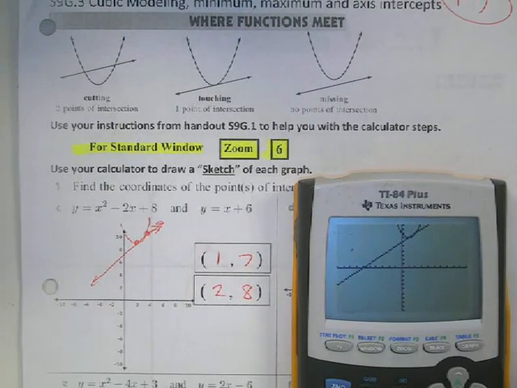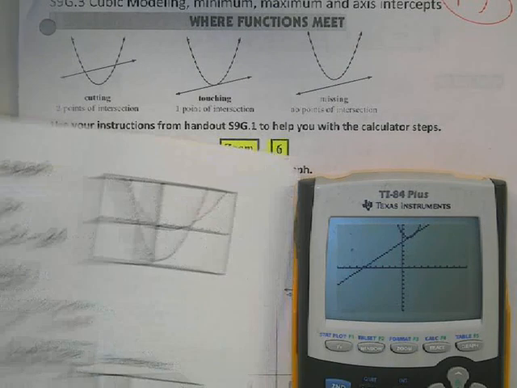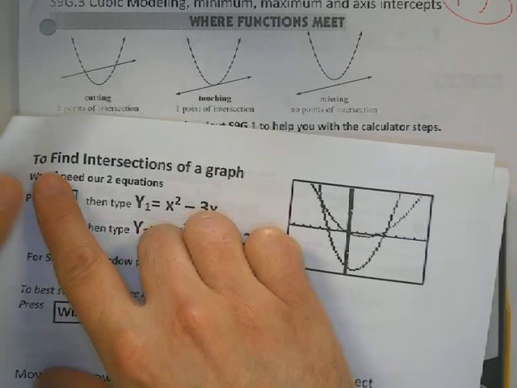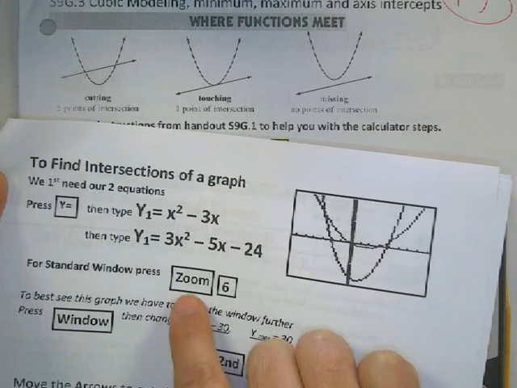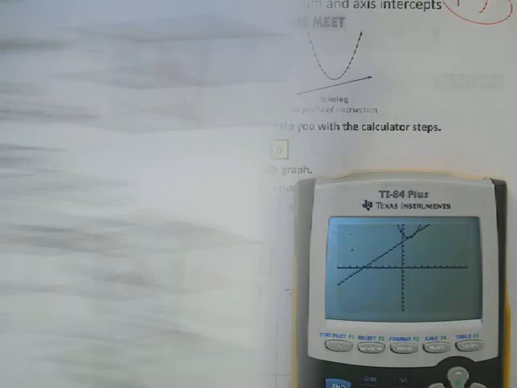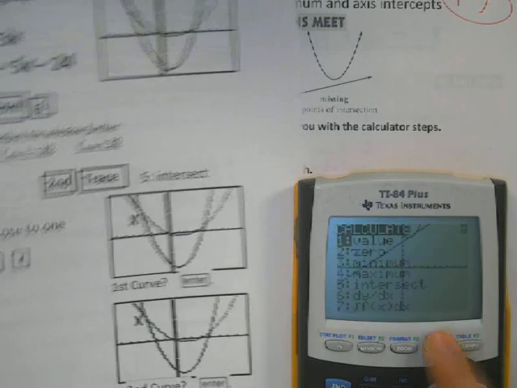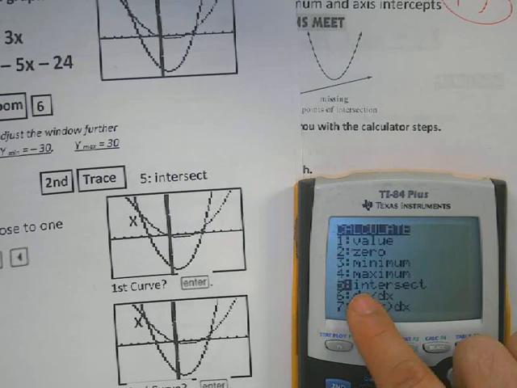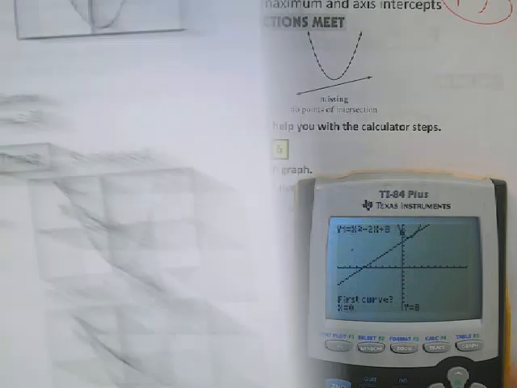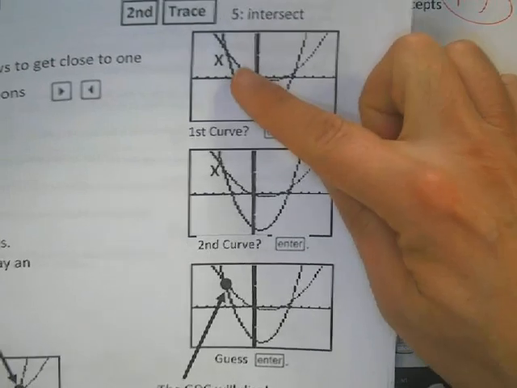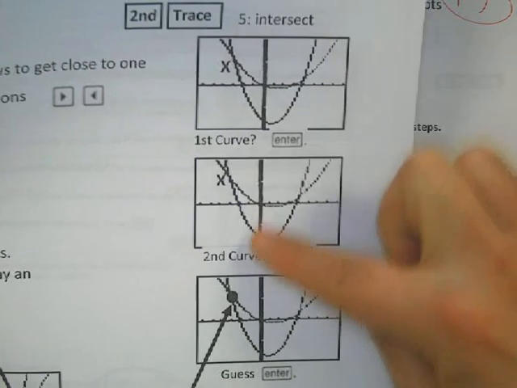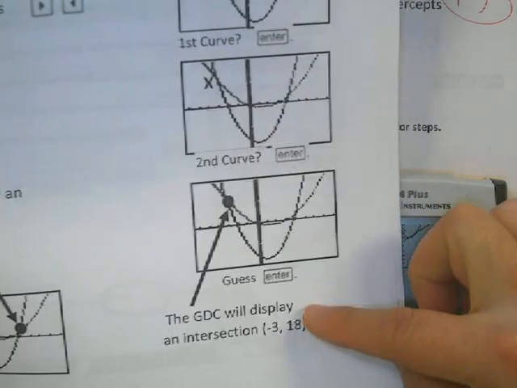So what are the instructions for finding the intersection of two lines? You're going to follow these instructions here from the S9G.1 handout. Push second trace, go down to number 5, intersect, and then I'm going to move the arrow close to the one that I want and hit enter 3 times, and then it's going to tell me the value.